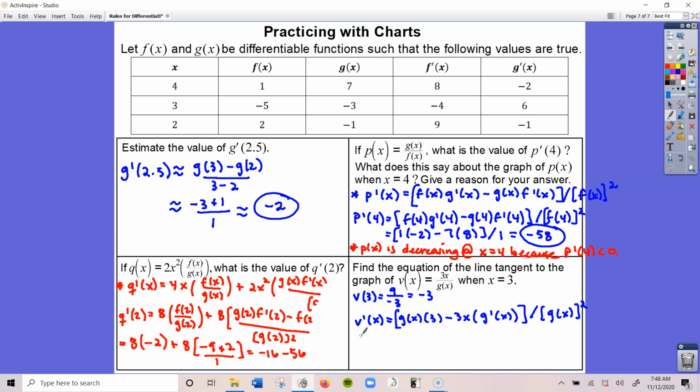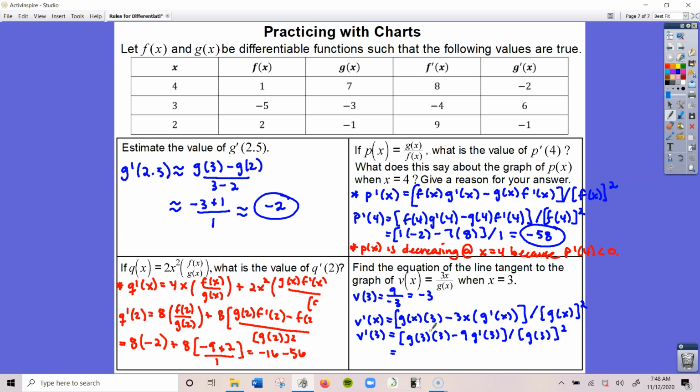Now I'm going to go ahead and plug in the 3. So v prime of 3 is going to equal g of 3 times 3 minus 3 times 3, so 9, times g prime of 3, and everything is over g of 3 squared.